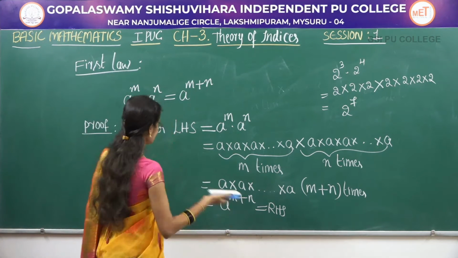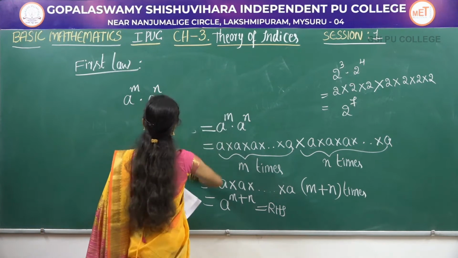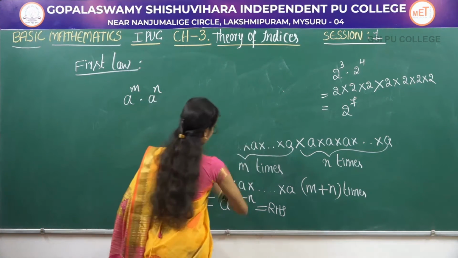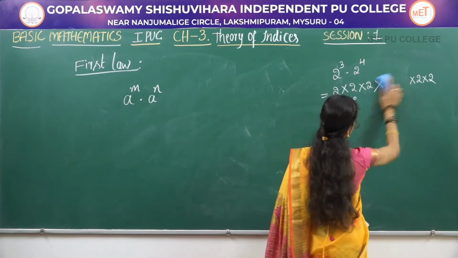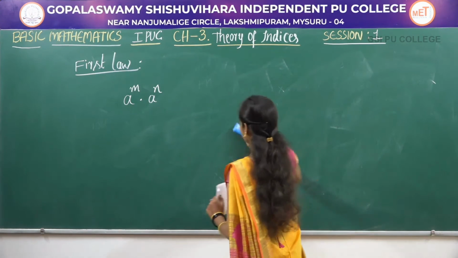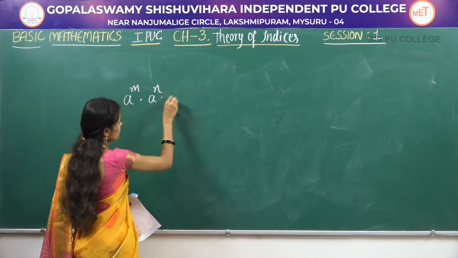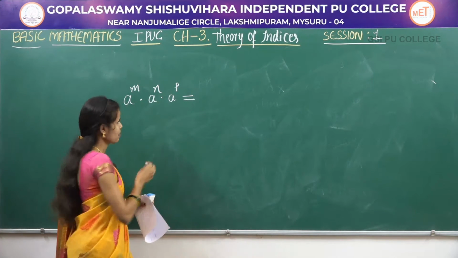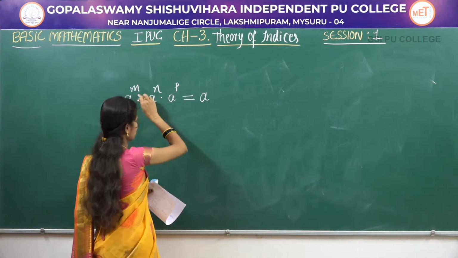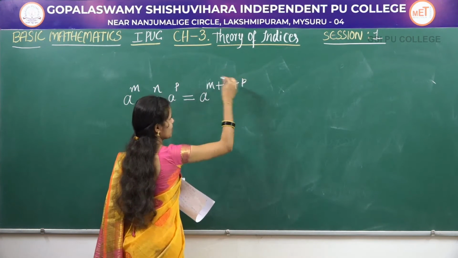Similarly, consider three terms: a to the power of m into a to the power of n into a to the power of p. Here also the base is the same, so add the powers. This can be written as a to the power of m plus n plus p.